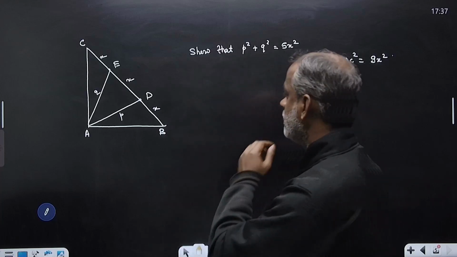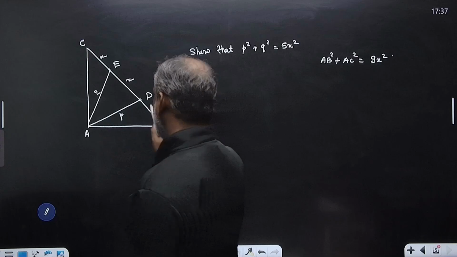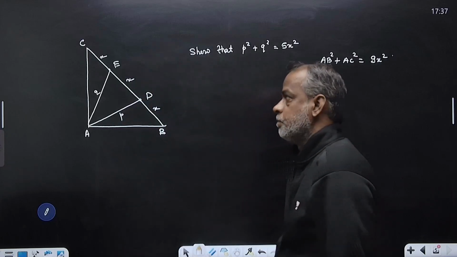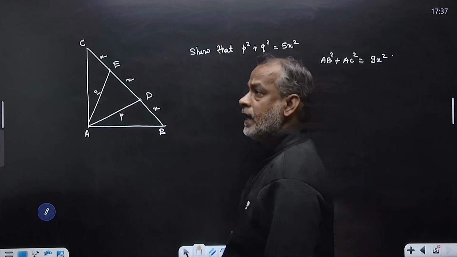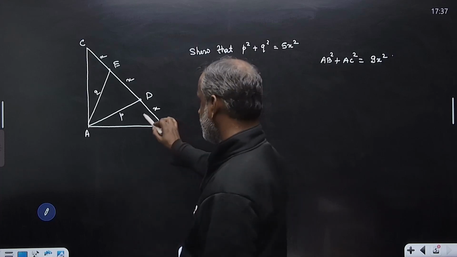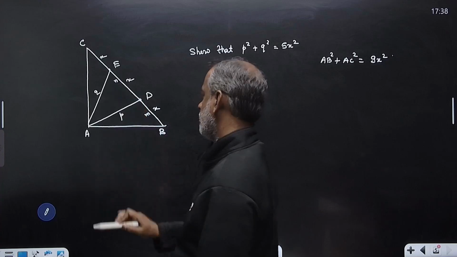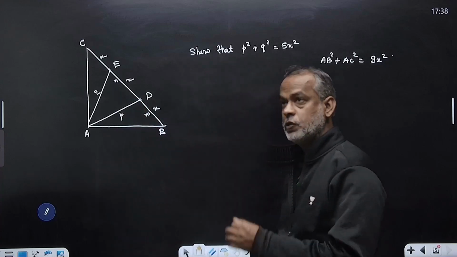Fine. Now how to proceed? It is very simple, I think. How do you write P? So when we say MAN, suppose this is M and this is N. So, M is x, N is 2x.